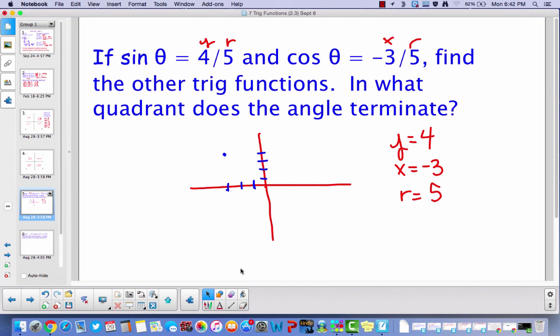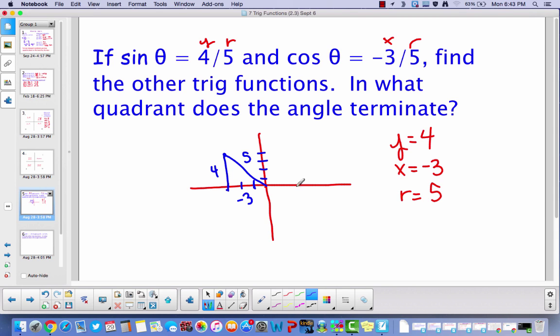So we've come to the left, -3, and we've gone up 4, and so we have this point here. This is our right triangle. So this is -3, this is +4, and this is 5. So now we need to figure out what are the other trig functions.